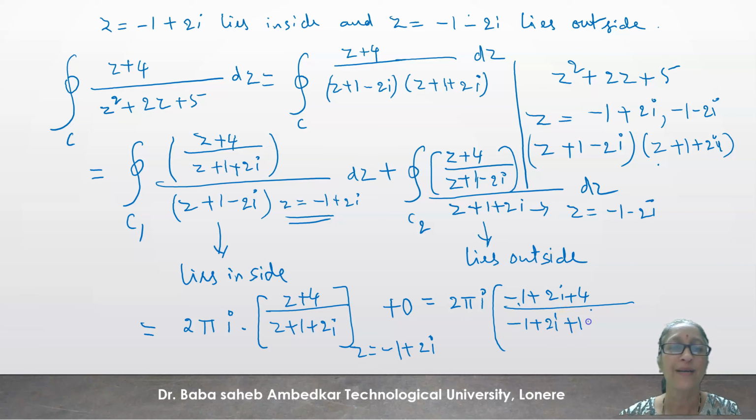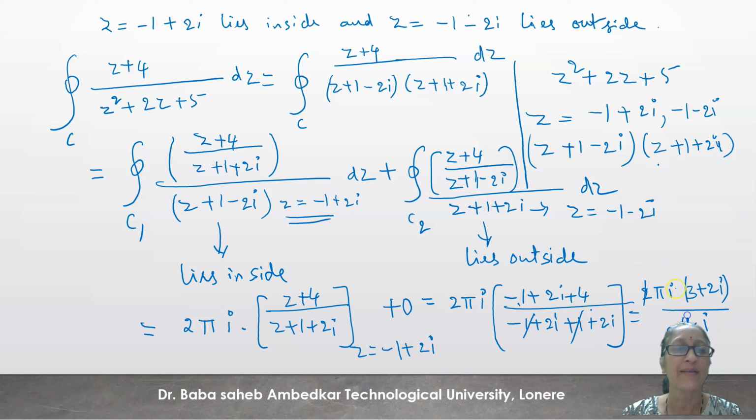Minus 1 plus 1 will get cancelled. So 2 pi i times, 4 minus 1 is 3, so (3 plus 2i) upon 4i.